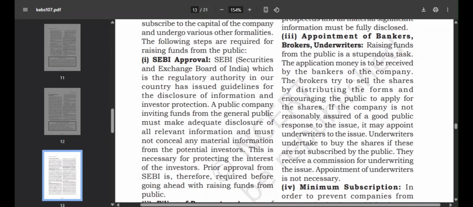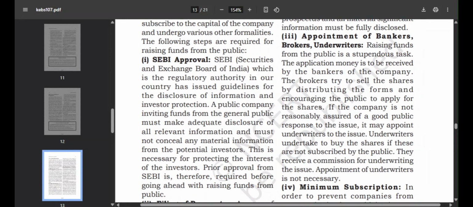First is SEBI's approval. SEBI is none other than the Securities and Exchange Board of India, which is a regulatory authority in our country and has issued guidelines for the disclosure of information and investor protection.